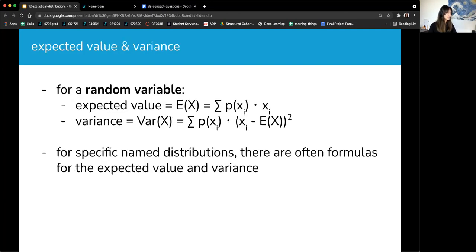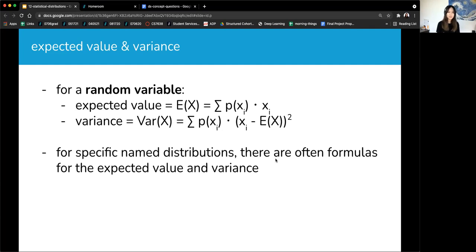All right, so let's talk about expected value and variance. In terms of definition, any random variable, and what I mean by random variable is just anything that can have a random outcome. If you think about flipping a coin, the result of flipping a coin is a random variable, where there's a 50% chance of getting heads, 50% chance of getting tails.